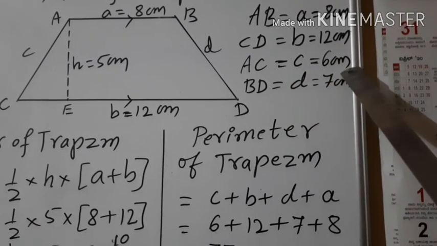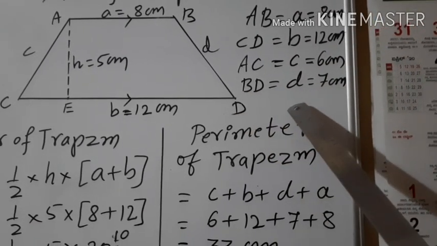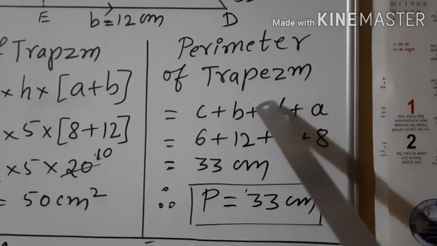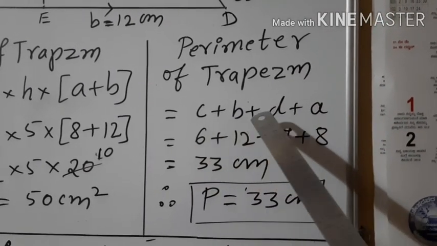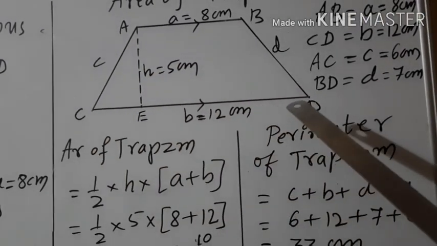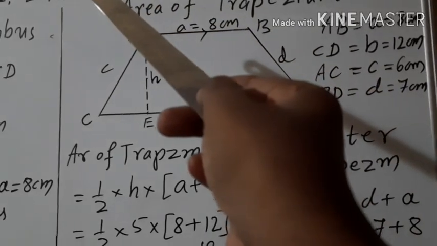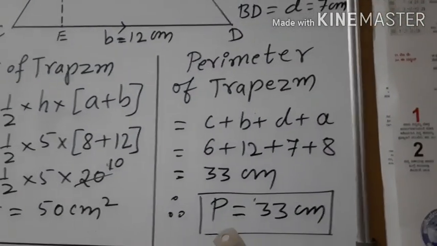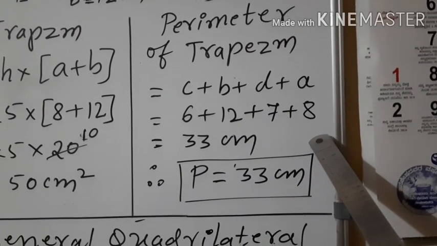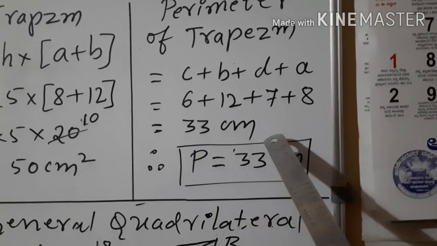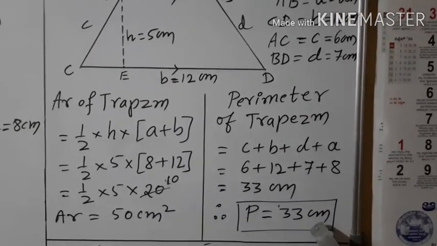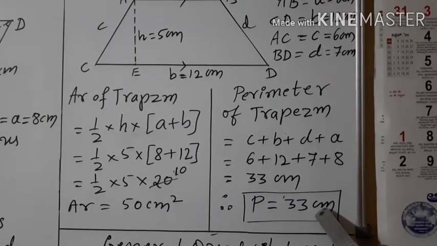AC is equal to c is equal to 6 centimeter and BD is equal to d is equal to 7 centimeter. Therefore, the perimeter of the trapezium is equal to c plus b plus d plus a. One full round length. It is 6 centimeter, 12 centimeter, 7 centimeter and 8 centimeter and altogether it is 33 centimeter. Therefore, the perimeter of the trapezium is 33 centimeter.